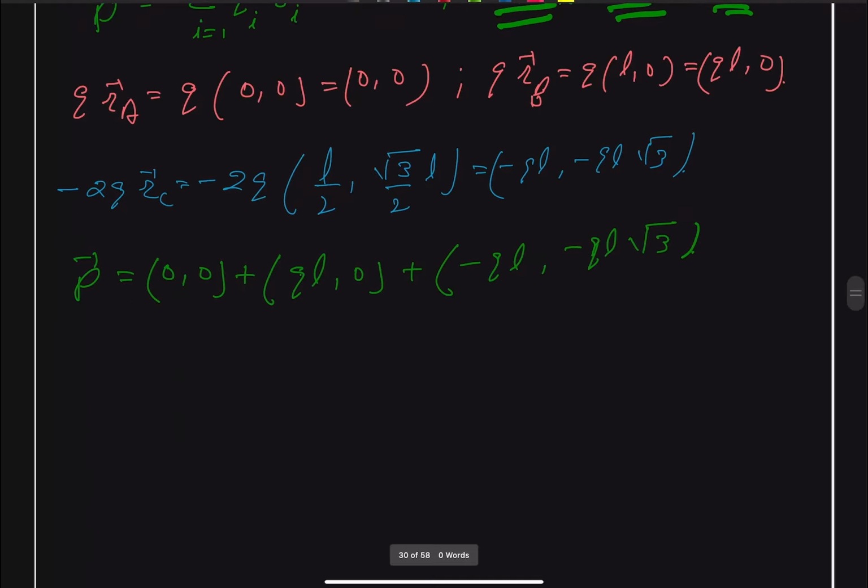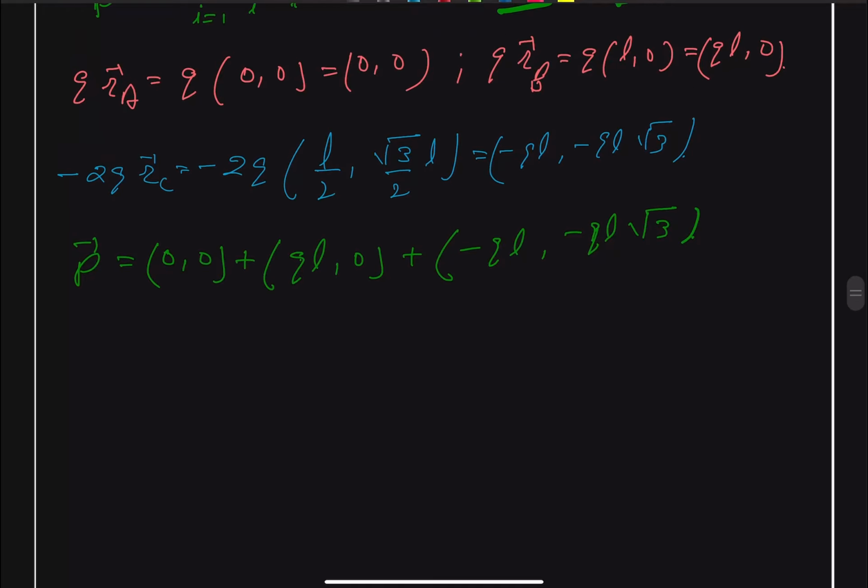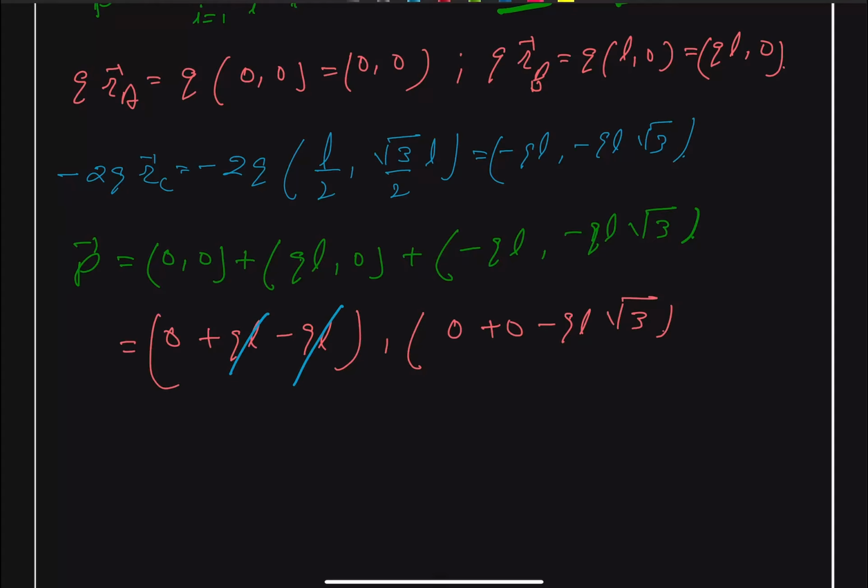We can add our x component as well as y component separately. So we get 0 plus QL minus QL, and next 0 plus 0 minus QL square root of 3. Here QL and QL cancel out, so we get this will be equal to 0, minus QL square root of 3.